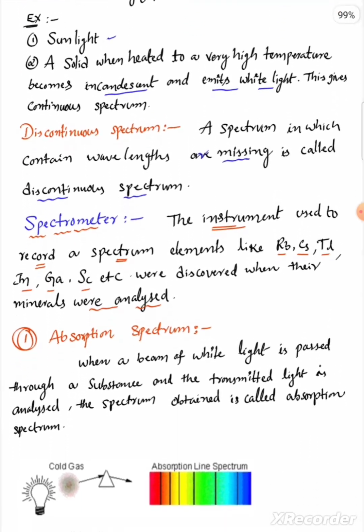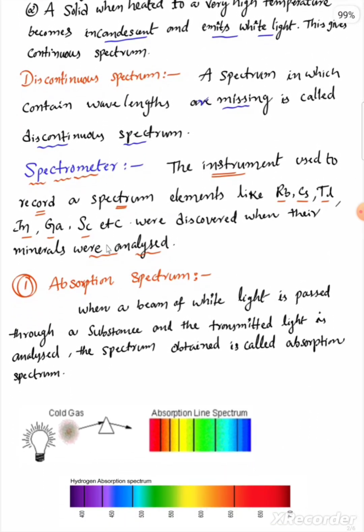Next one, absorption spectrum. What is absorption spectrum? A beam of white light passes through a substance, and the light is transmitted. See here, this is a white light bulb. From this bulb we are getting white light.